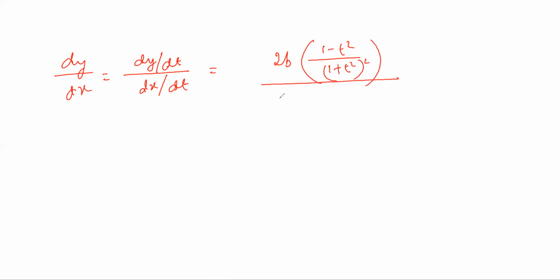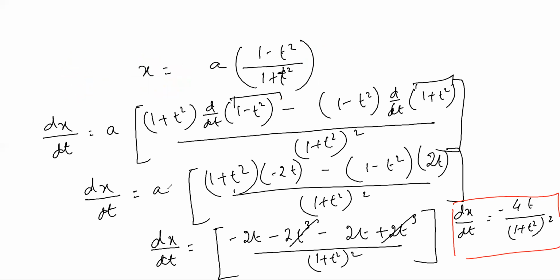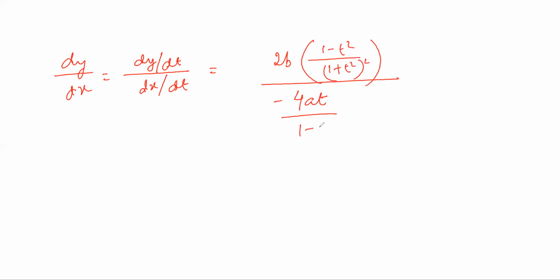And our dx by dt is minus 4at, because it will be a. I just missed that a, because we have an a over here, so there will be an a: minus 4at upon 1 plus t square whole square.